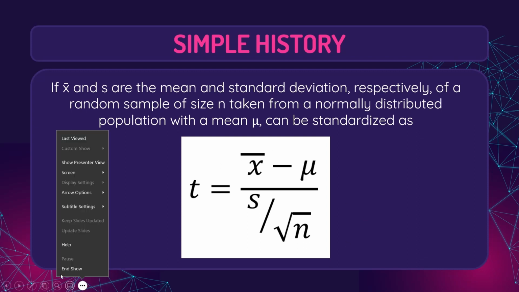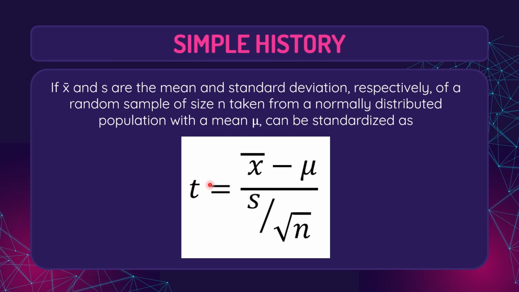It is the sample mean minus the population mean, divided by the sample standard deviation divided by the square root of the sample size n. So in this case, class, this formula has a t-distribution with n minus 1 degrees of freedom.